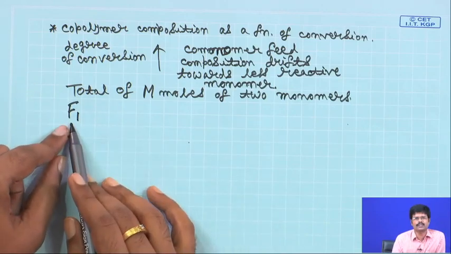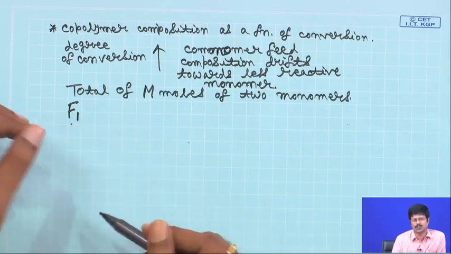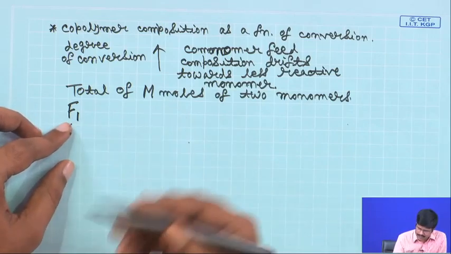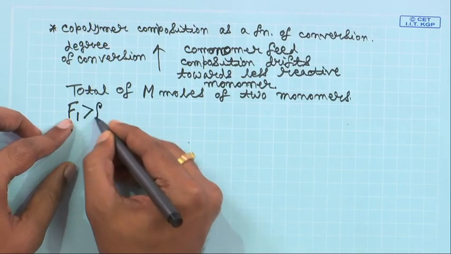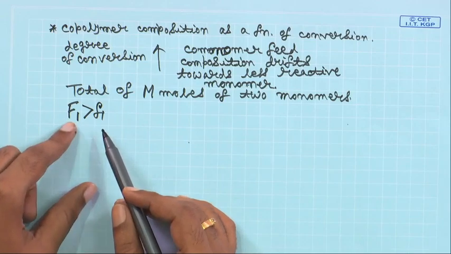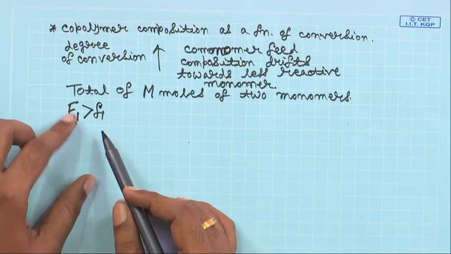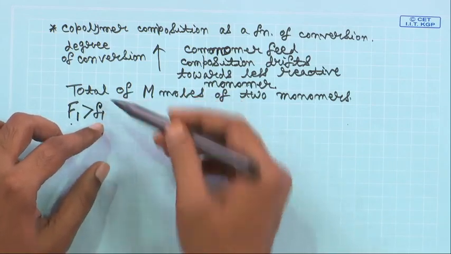is the mole fraction of the monomer 1 that has gone into the copolymer. We are talking about instantaneous copolymer composition, and let us say your monomer 1 is more reactive, then your capital F1 will be greater than small f1, because more monomer 1 is now present in the copolymer with respect to what is there in the monomer feed.